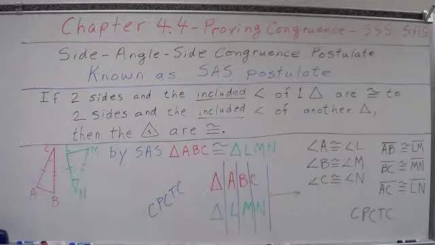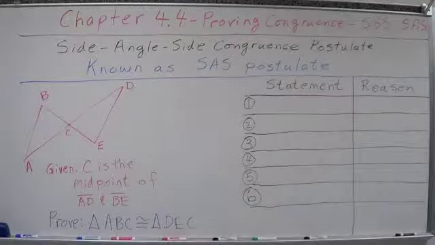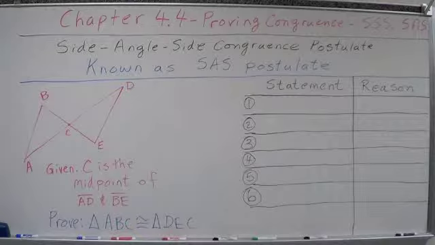Now let's do an example of a proof. We would use the SAS, or side, angle, side congruence postulate to prove two triangles are congruent. Here's a very common type of figure that you'll be shown in tests, and in real life it's not uncommon for you to solve these types of triangles.